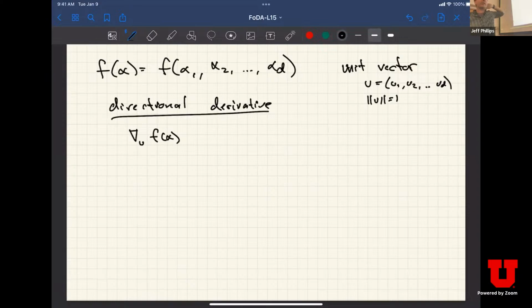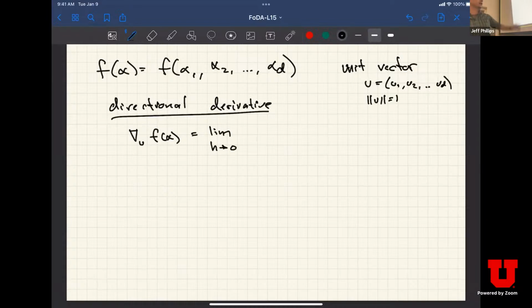Alpha is the point where you're taking the derivative, and it's in the direction u. I'm first going to define this with the standard definition of the derivative, and then we'll see other ways to think about it.